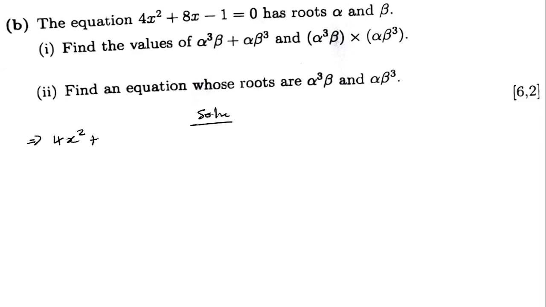Remember, the equation needs to be in this particular form, which is x squared minus open bracket alpha plus beta close bracket x, and then plus alpha beta is equal to 0.